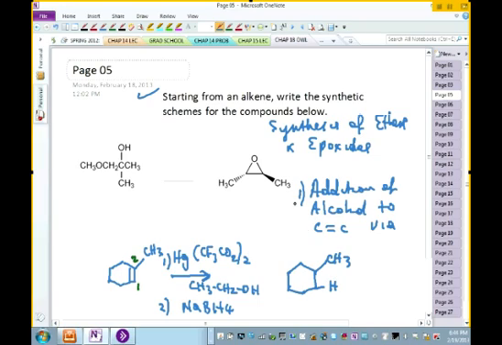Hydrogen comes here. Don't forget, originally we do have hydrogen here initially, so this hydrogen is still here. And then the alkoxy part of the alcohol will now come to this carbon here.